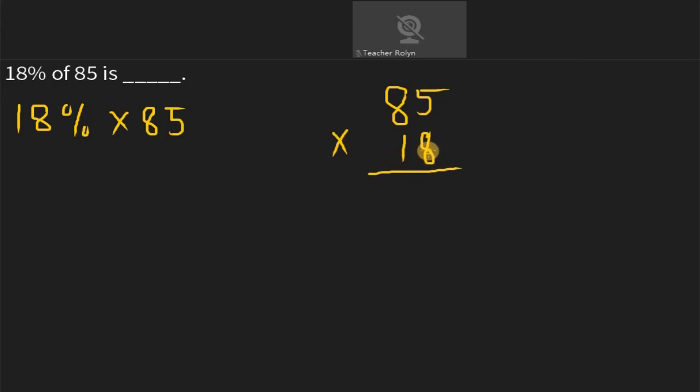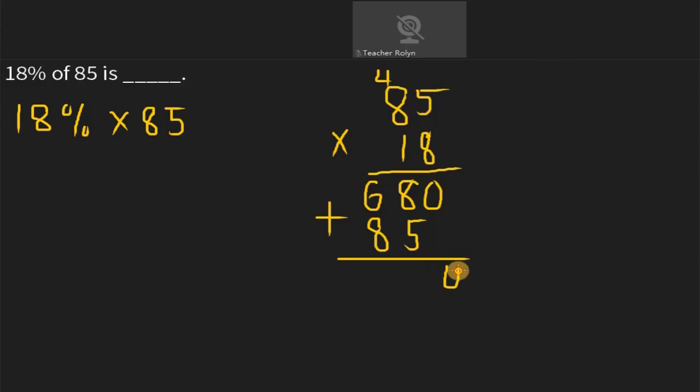That is 8 times 5 is 40, carry 4. 8 times 8 is 64 plus 4 is 68. Then 1 times 5 is 5 and 1 times 8 is 8. Add, that will be 0, that will be 13, carry 1, that will be 6 plus 8 is 14 plus 1 is 15.